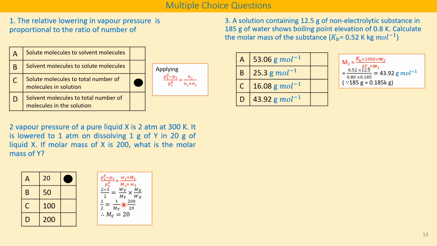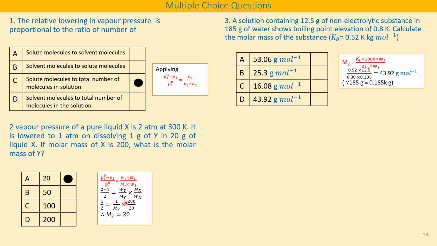So substituting Kb is equal to 0.52 given, and W2 is 12.5 grams, and 1000. If we want to convert it into kg, we have to multiply by 10 to the power of minus 3.